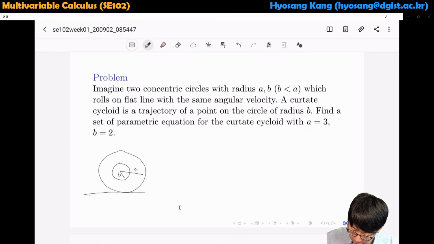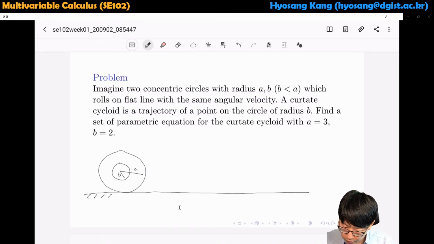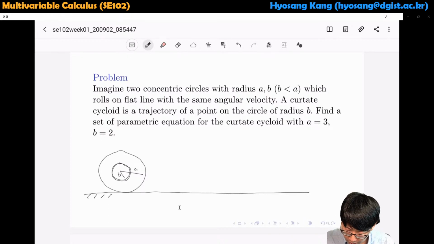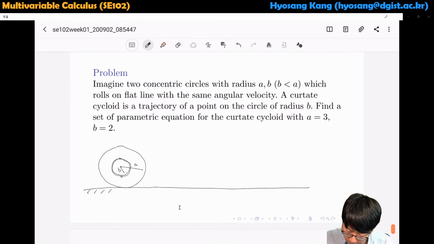So it rolls on the flat line with the same angular velocity. The two circles are stuck together and then roll. A curtate cycloid is the trajectory of a point on the circle of radius b. So you have an inner circle here, and let's say I start from this point.